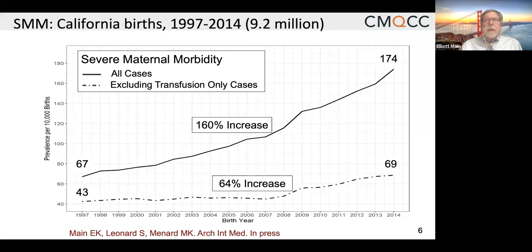In 2014, it's actually more like 1.9 to 2.0% now in 2020. That's a 64% increase, and also particularly since 2008, a rise in excluding transfusion-only cases, which often represent medical conditions, but we'll describe what drives that in a little bit more detail.